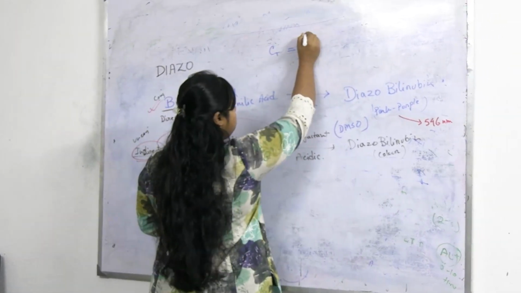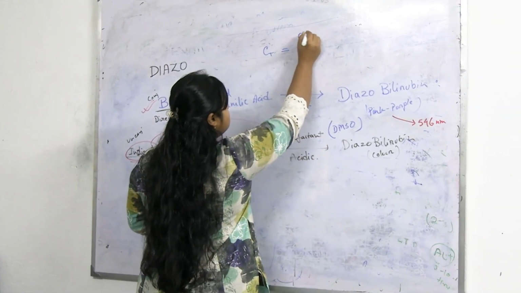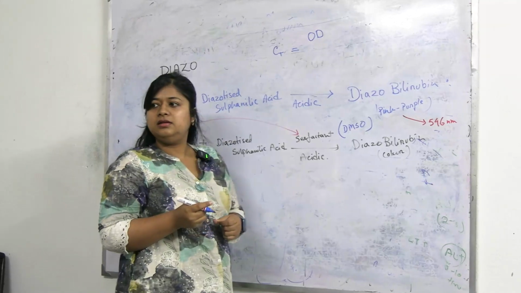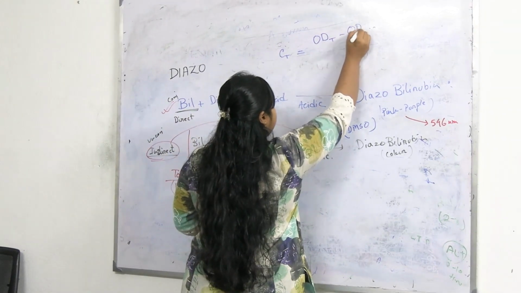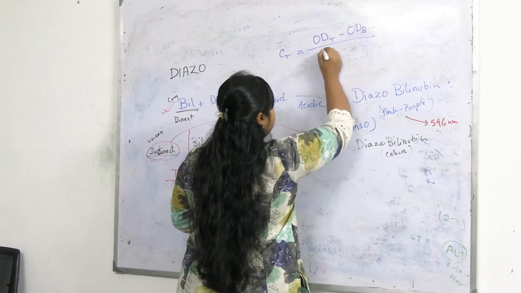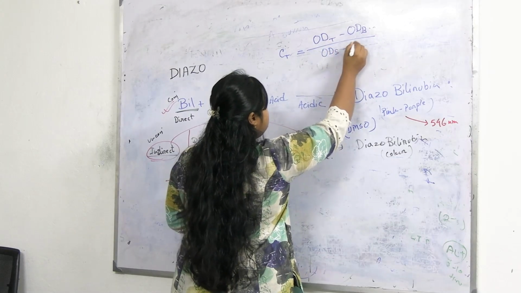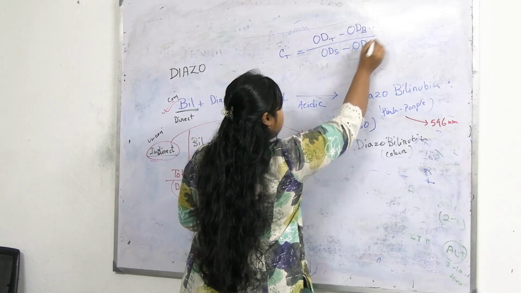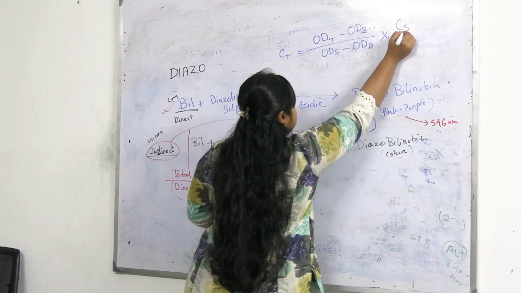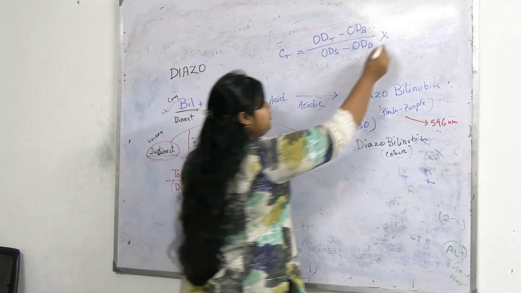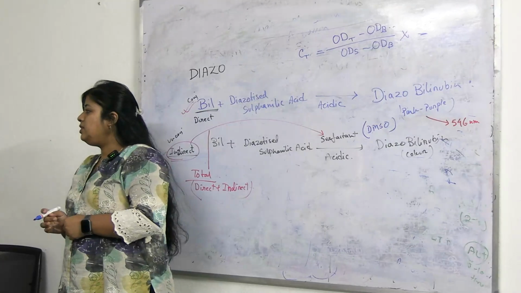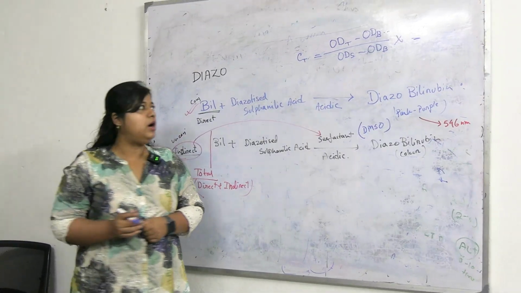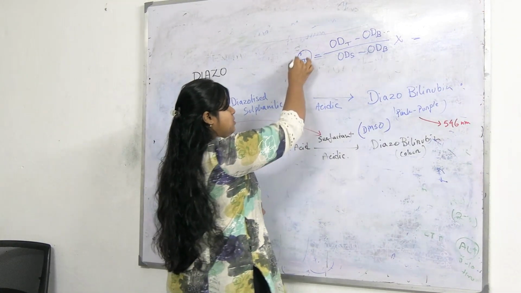The reaction equation of the unknown is: BOL = (ODT minus ODB) by (ODS minus ODB) into CS. Now if the concentration of standard is not given, how do we calculate this concentration?